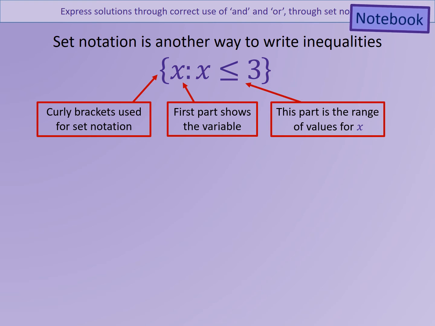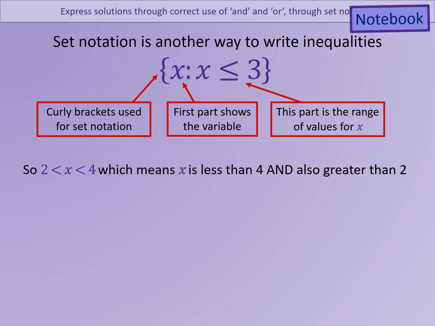But what about the inequality that we had on our previous slide? Well, here is an example that looks very similar to that. We want x to be between 2 and 4, but not inclusive of those values. So how would we write that using set notation? Well, it's important that we understand that what we want here is x is greater than 2 and we want x to be less than 4.